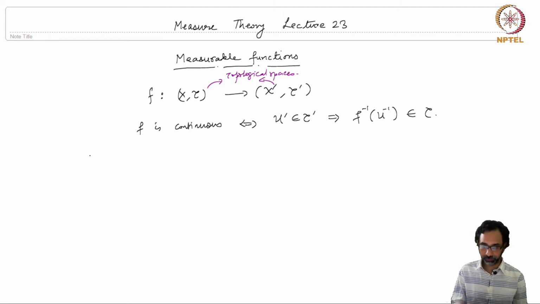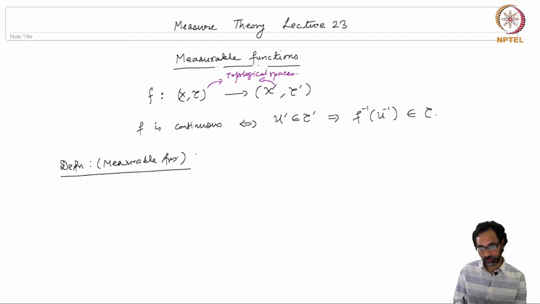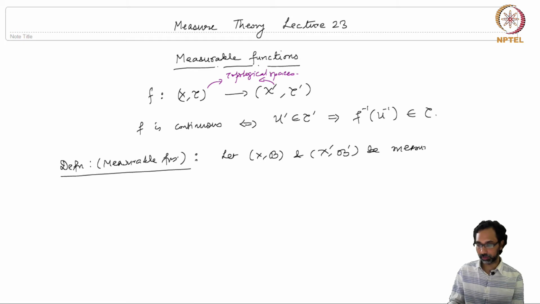So in the same vein, we make the following definition. This is about measurable functions between two measurable spaces. So let (X, B) and (X', B') be measurable spaces, meaning that B and B' are sigma algebras on X and X'.